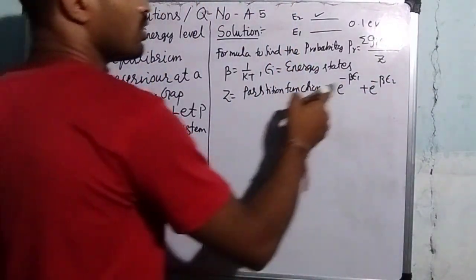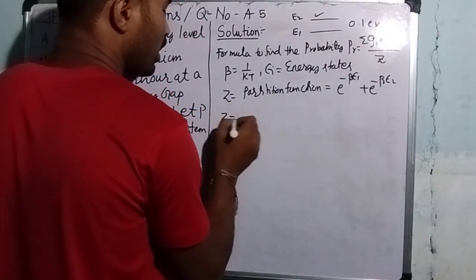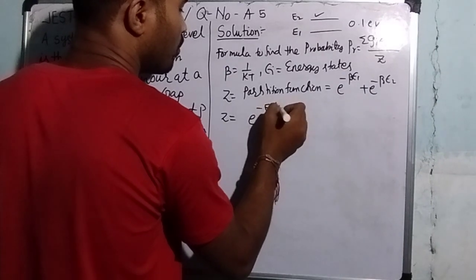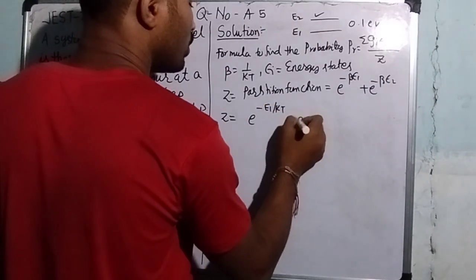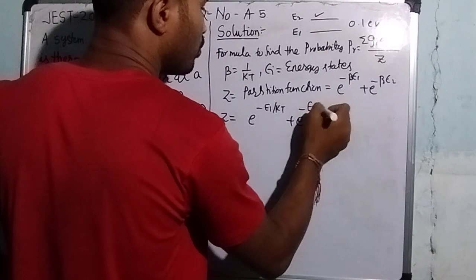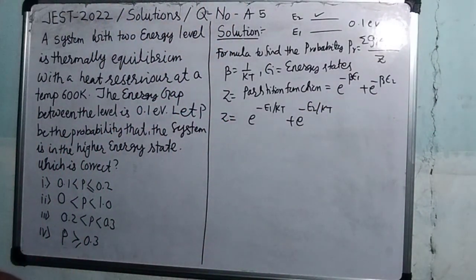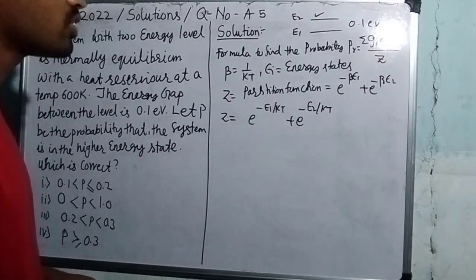So we can write the partition function as e to the power minus E1 by kT plus e to the power minus E2 by kT. We have written the partition function for two energy states, and the degeneracy is taken as 1.